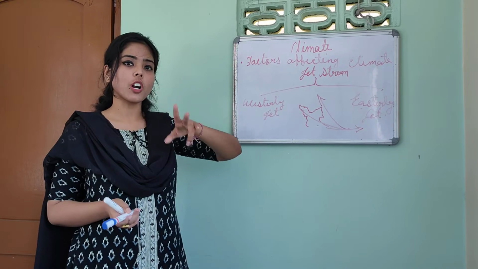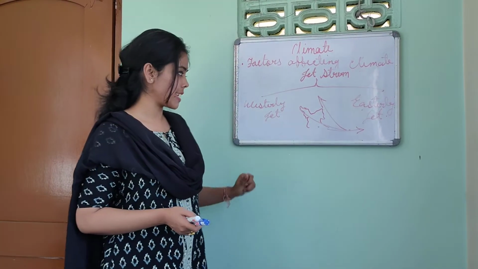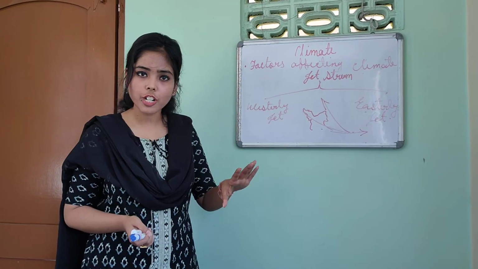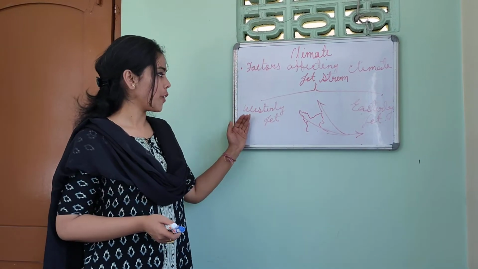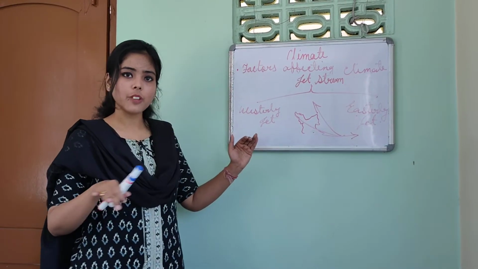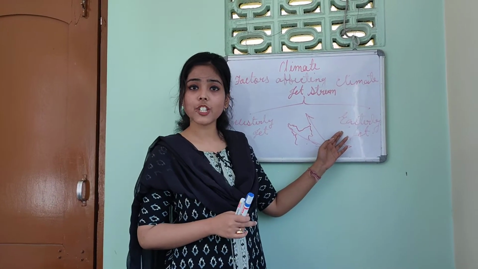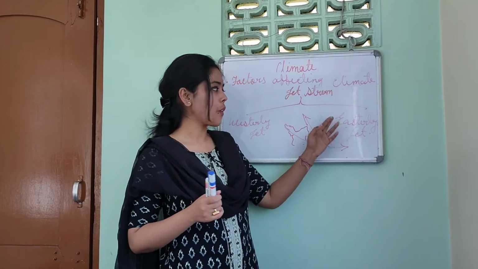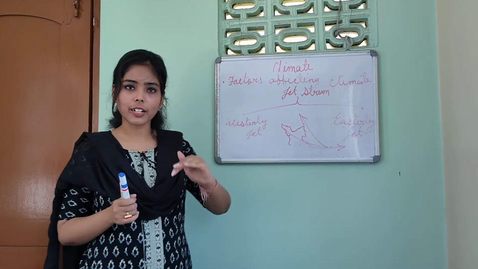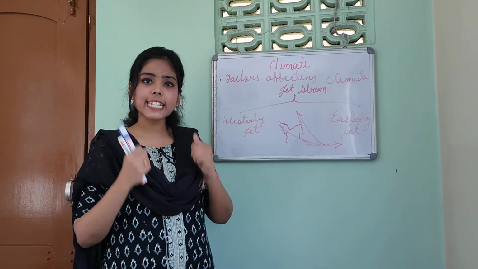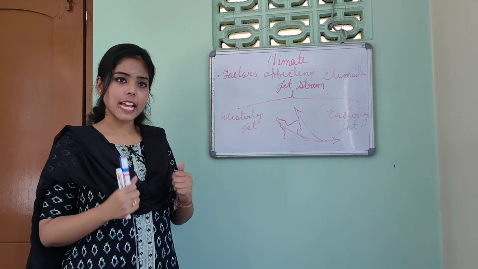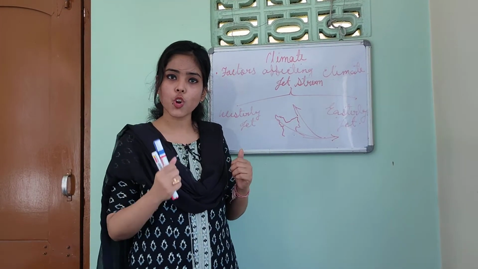So if you want to differentiate between these jet streams, the westerly has a bad relationship with the monsoon. When it comes to India in winter time, the monsoon will go back. But with the easterly jet, the monsoon has a very good bonding. When the easterly jet comes to our country, the monsoon will get its energy, and at that time the southwest monsoon will be strongest.